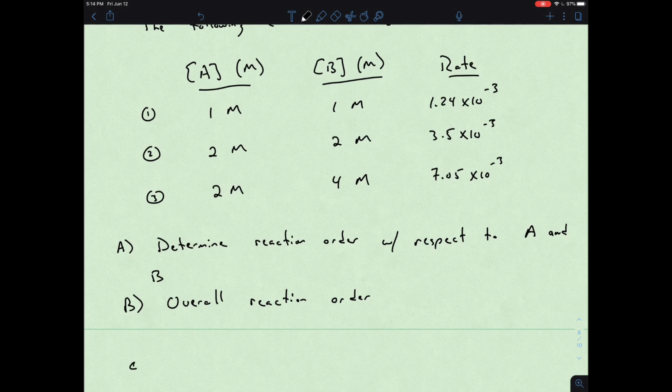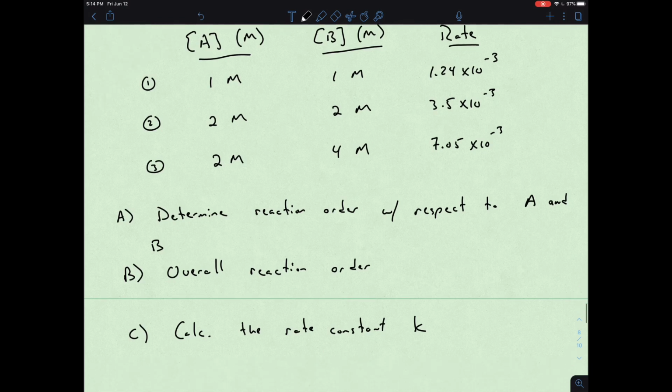And then part C is asking us to determine or calculate the rate constant, little k. So there are the different pieces that we have to do.